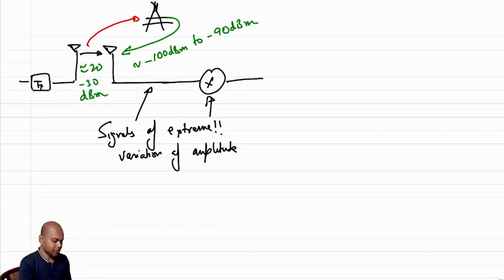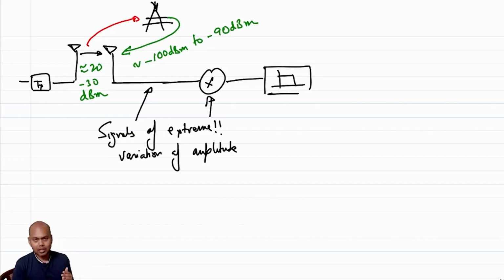I can use a low pass filter. Anyway, I am having a low pass filter here. That low pass filter should be able to knock it off, but not so fast. Note that your mixer, I have not talked about this till now, but your mixer is also made up of some sort of transistors.